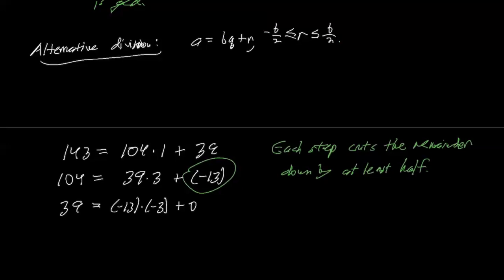One way to think about this is if you wrote these numbers in binary, cutting in half would be like cutting off one digit, one bit. You'd make it one shorter.